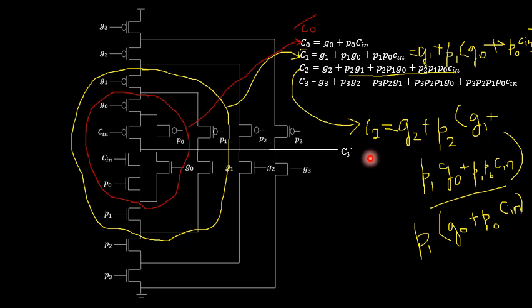So I can further write the value of C2 as equal to G2 plus P2 into G1 plus P1 multiplied with G0 plus P0 Cin, close the bracket, twice.